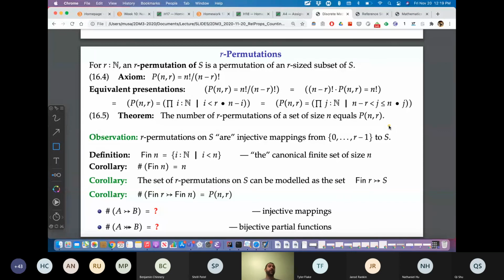What is a group of people? That's a set. When we say a group of n people, that's a set of size n. And then, what does it mean to arrange them in a line? That's a permutation. And a permutation uses these funky arrows that we introduced a moment ago. And that's where we are right now. Does that help, Eamon?